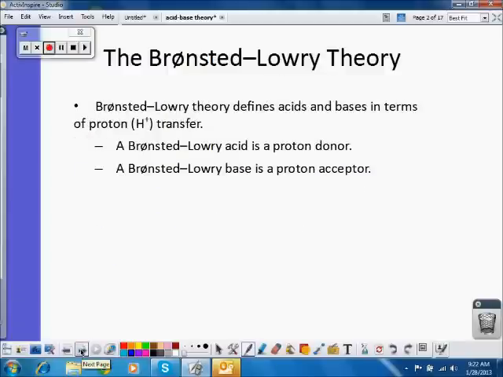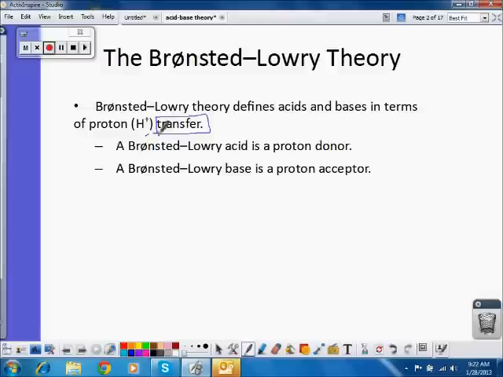The second theory of acids and bases is Brønsted-Lowry Theory. And this is the theory that we're going to use as we examine acid-base equilibrium. Brønsted-Lowry Theory defines acids and bases in terms of H+ transfer. So a Brønsted-Lowry acid is a proton donor.